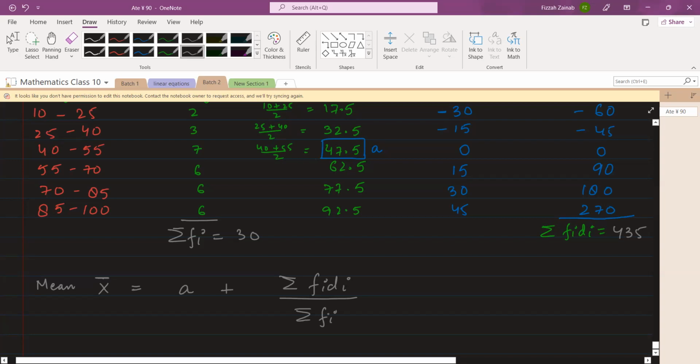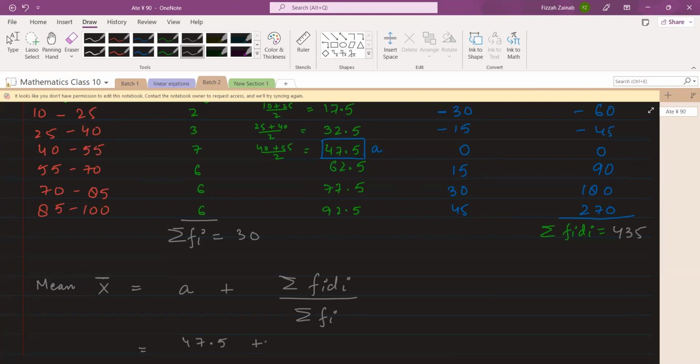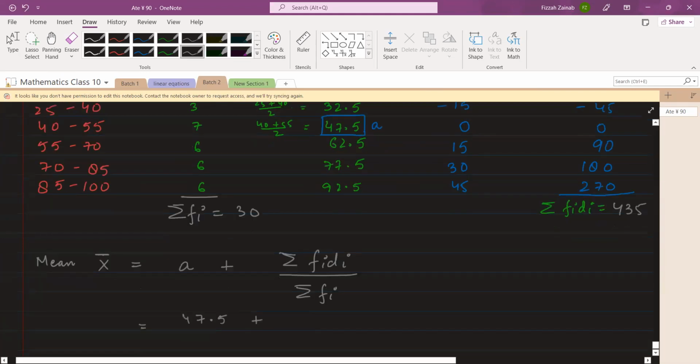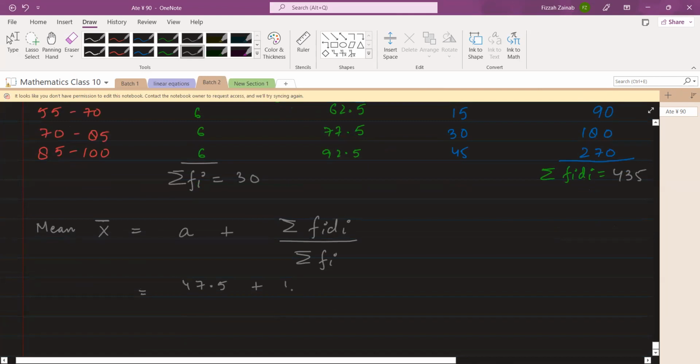This will give you the mean. So your A was this 47.5, plus 435 divided by 30. And then you can solve it.